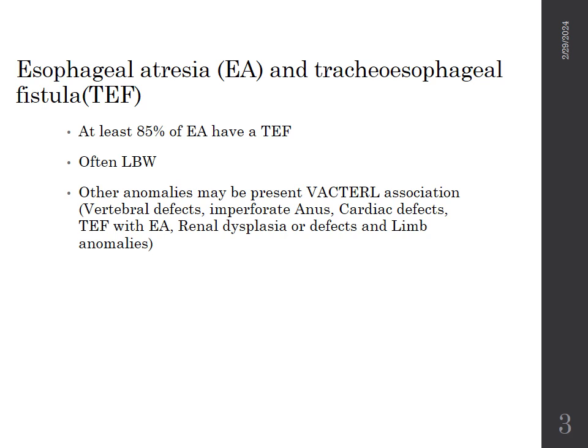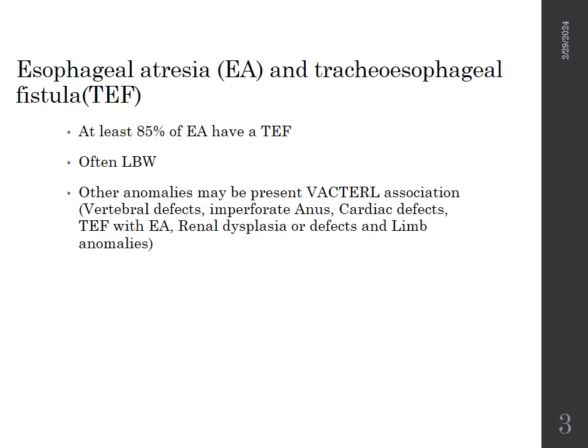In at least 85% of these cases, there will be an associated fistula between the esophagus and the trachea. Often the baby is low birth weight, whether preterm or small for gestational age. And once we have a case of esophageal atresia, we must consider other anomalies.